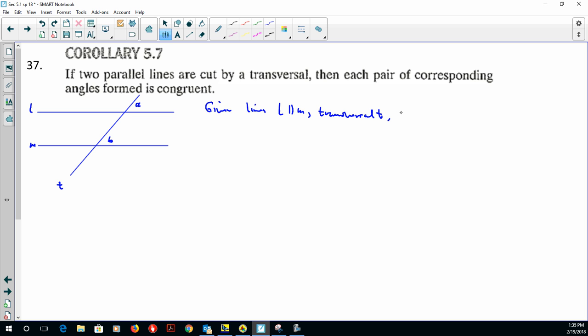What we want to prove is that angle A is congruent to angle B.